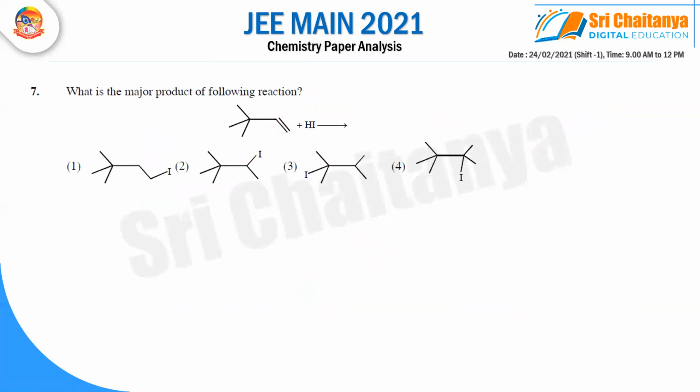Next, here we have an electrophilic addition reaction of alkene. So again, we have a strong acid here, which is going to furnish H+. The pi electrons will get protonated. As a result, we are going to obtain a carbocation. Now, this carbocation can undergo rearrangement to a more stable carbocation via methyl shift.